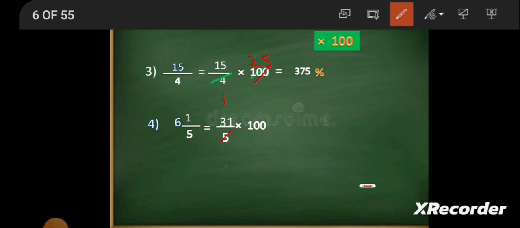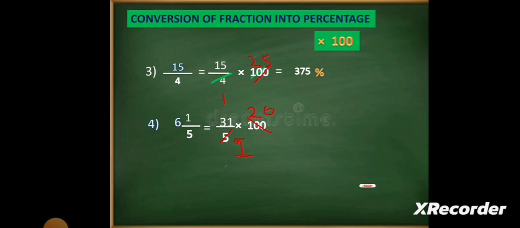So by dividing 5 by 5, we will get it as 1, and by dividing 100 by 5, we will get it as 20. 31 20s is 620. So answer is 620, and of course percent.